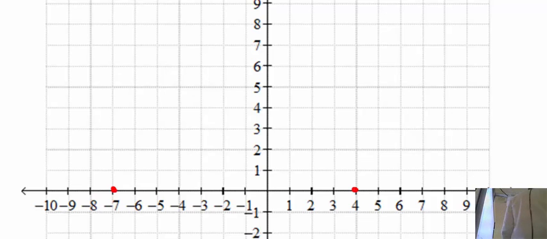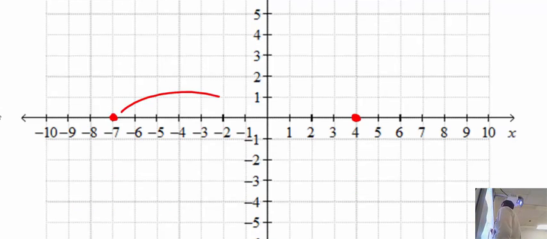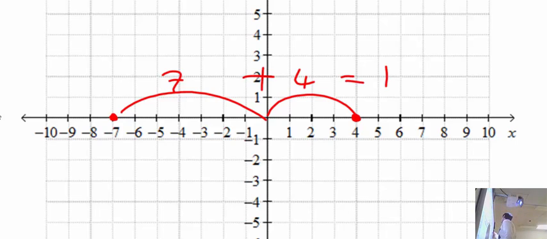So now you guys tell me what is the distance between the 2 points here? That is 7. This is 4. Together 11. So the distance between 2 points here is 11.